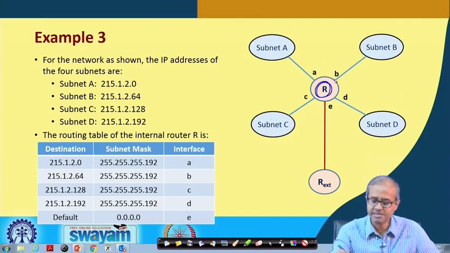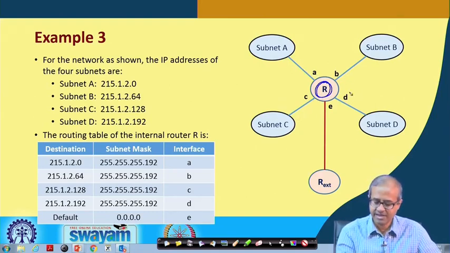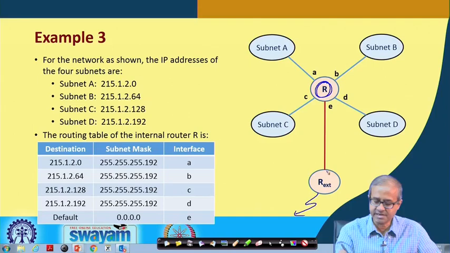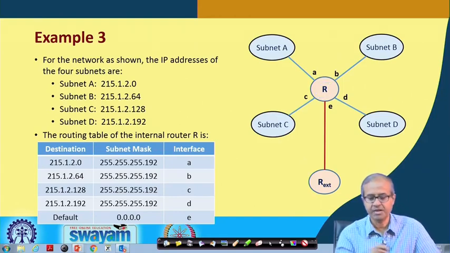This router is connected to 4 subnetworks A, B, C, D through these 4 links, small a, small b, small c and small d, and there is an exterior router which is connected to the outside world. There is another 5th link E which is connected to that exterior router. This is how the connections are.